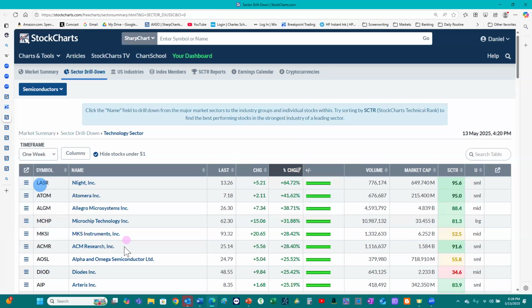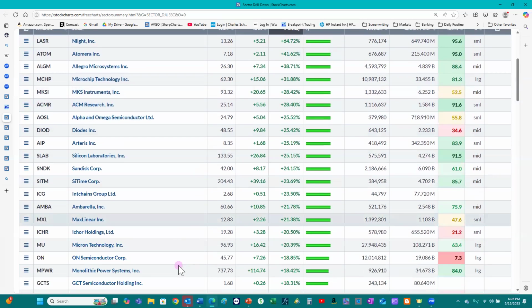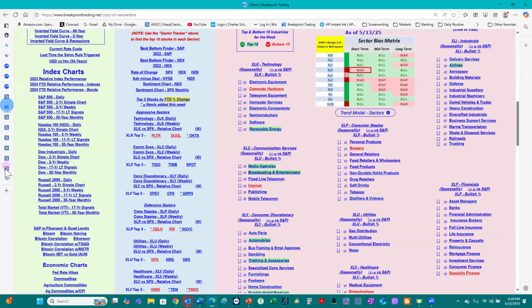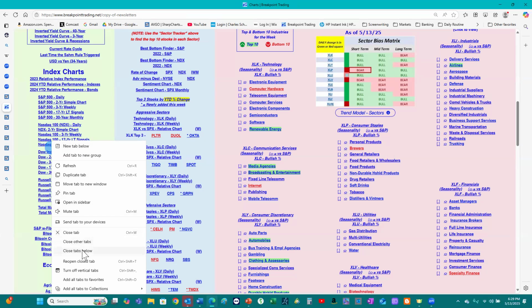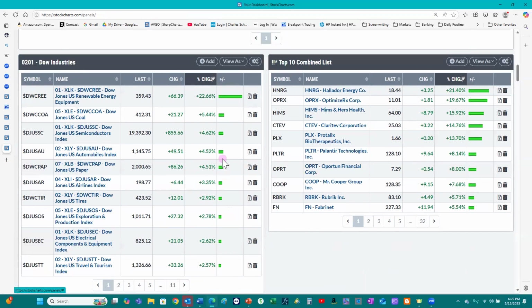And for the week, Laser is the big winner, up almost 65% for the week. ACMR up 28%. So that gives you a sense for which of those stocks inside of those industry groups are the better performers. And each of those industry groups can be found right here on the dashboard.